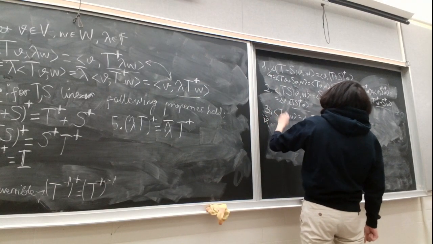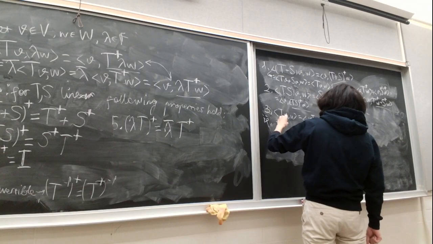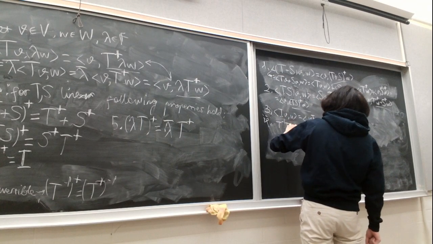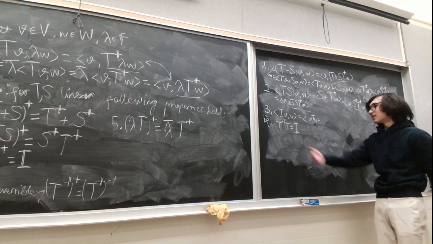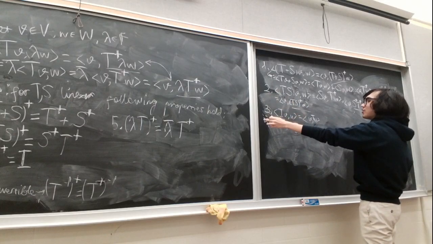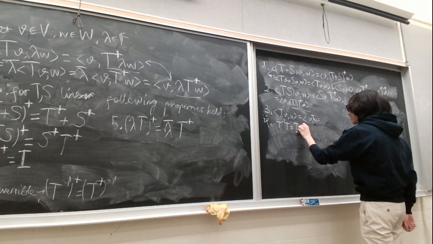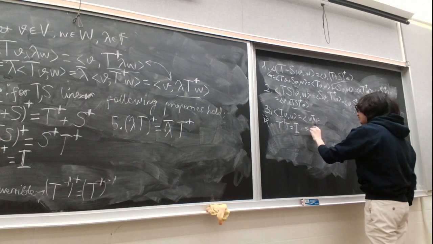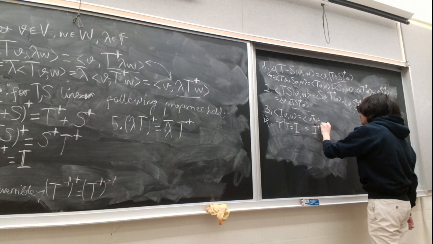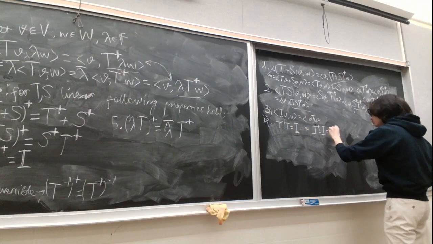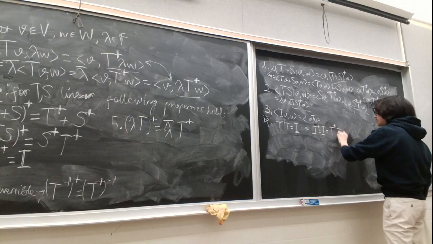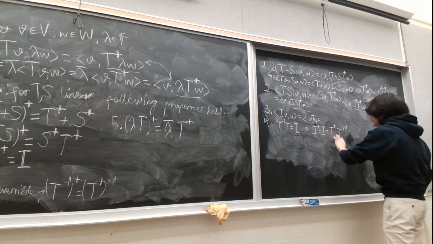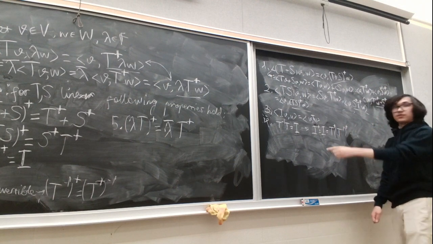So we have that T inverse times T is equal to I, right? Now we use the second and third properties to get that I dagger, which is equal to I, is equal to T dagger and T inverse dagger, on the one hand.